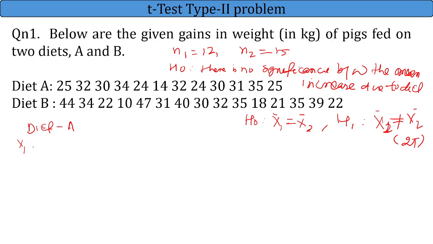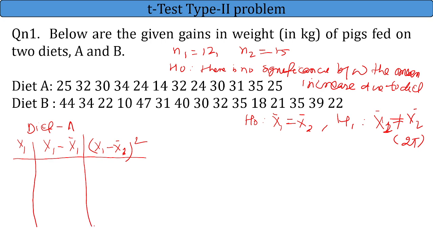We have x1, x1 minus x1 bar, then x1 minus x1 bar whole square. Can you just tell me what the values are?